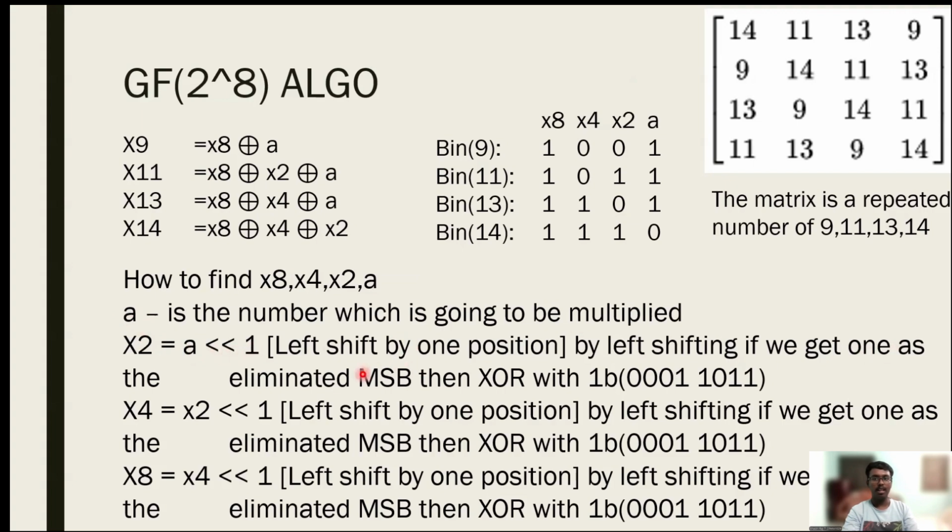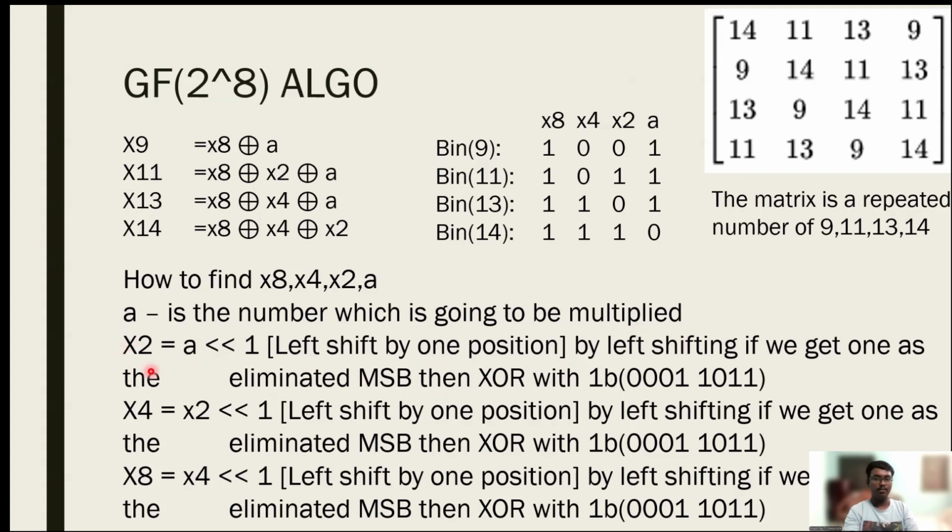if the MSB, the most significant bit, is one, we XOR with 1B, that is 0001 1011. Sorry, 1011. If the MSB is zero, we don't need to do the XOR with 1B.